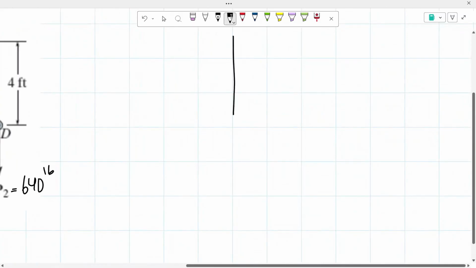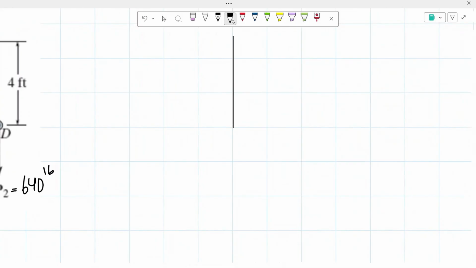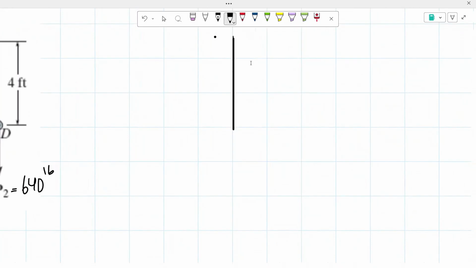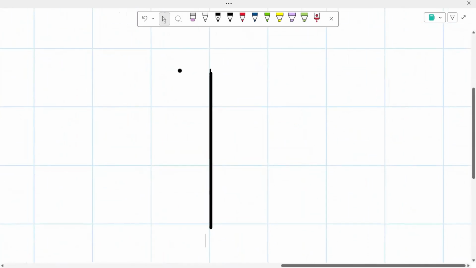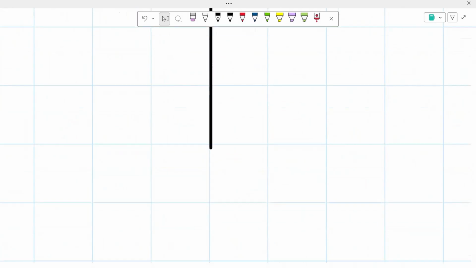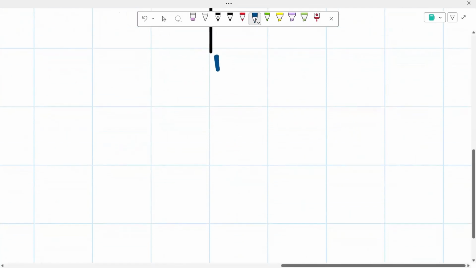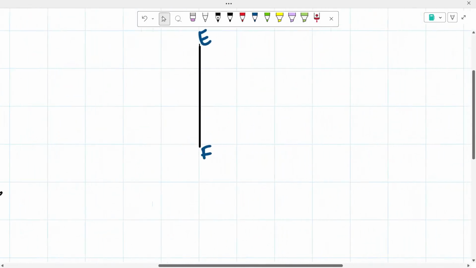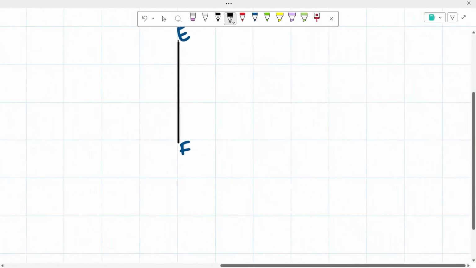So we're going to have this bar, which is going to be our bar EF. From there, we have our point D, which will be somewhere over here.